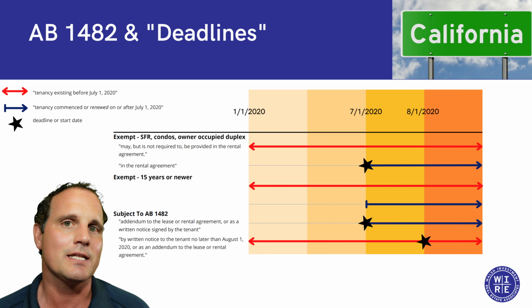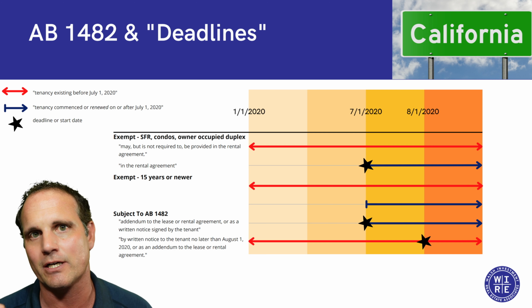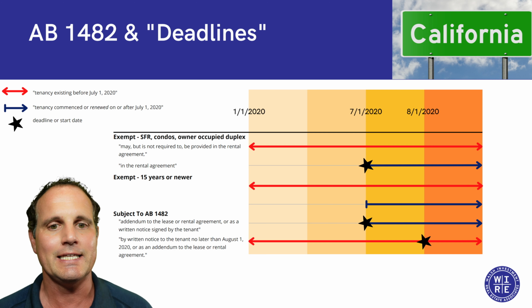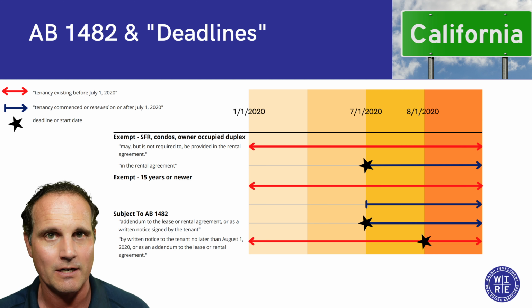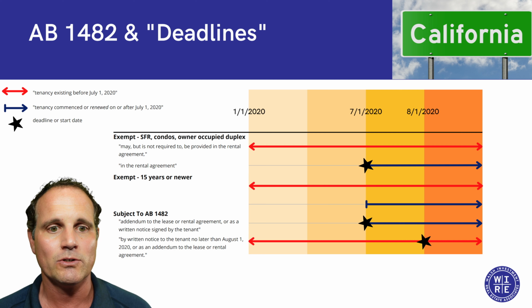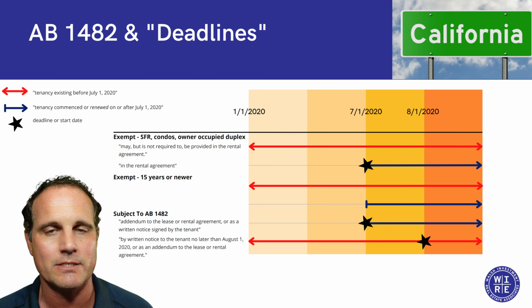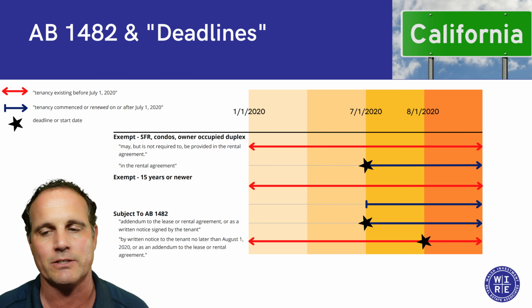Here's where it gets interesting, and this is where the deadline of August 1st was built into the bill, and that was for tenancies that existed before July 1st of 2020. The landlord was supposed to give a written notice no later than August 1st, 2020, as an addendum to the lease or rental agreement.